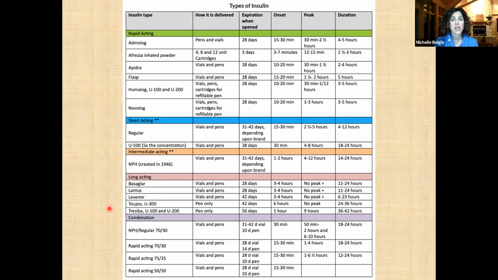Just keep in mind that they all come at different concentrations. Toujeo and Tresiba you can see come in a U300 or a U200, so U300 would mean that there are 300 units of insulin for every 1 ml.